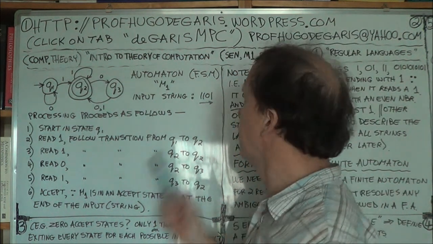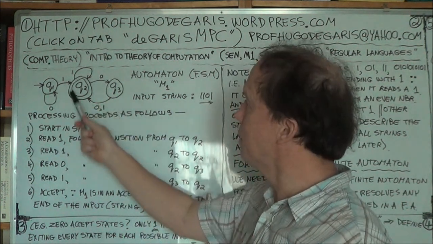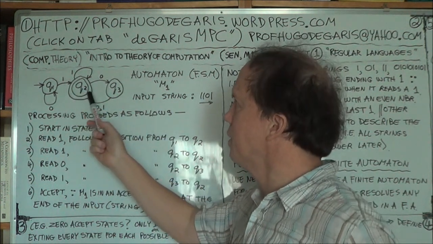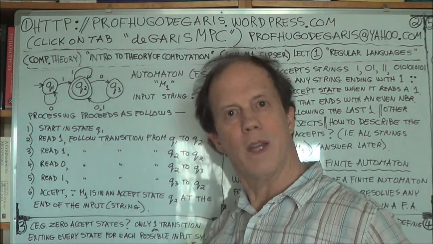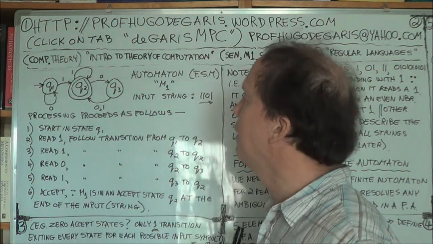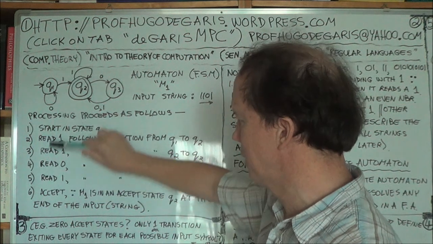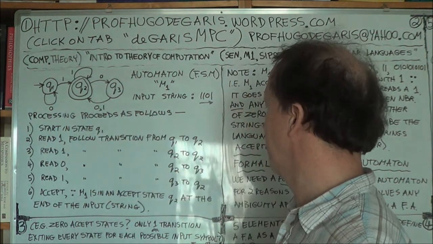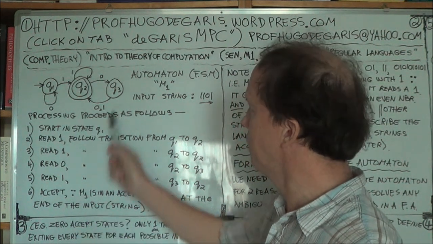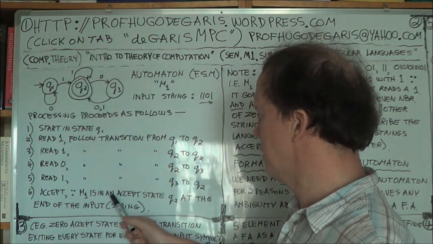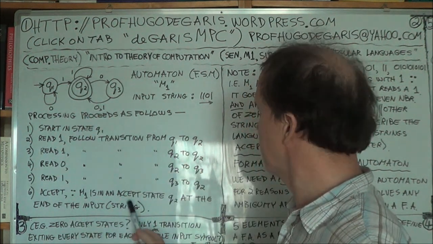It accepts that string because the final state was one of the accept states, only one in this case. Starting to get the hang of what an automaton does? So you accept because M1, the automaton, is in an accept state, Q2, at the end of the input string.